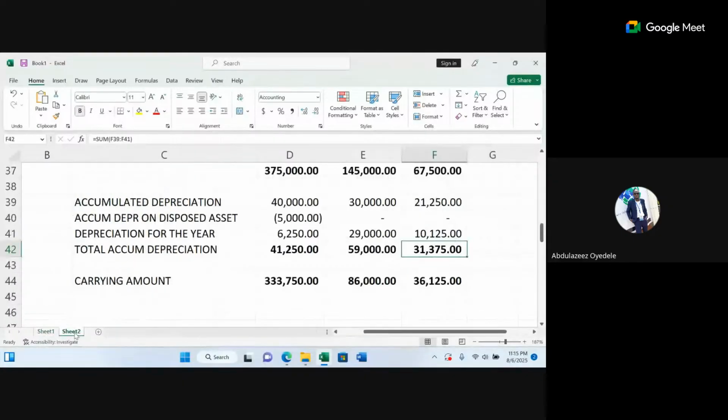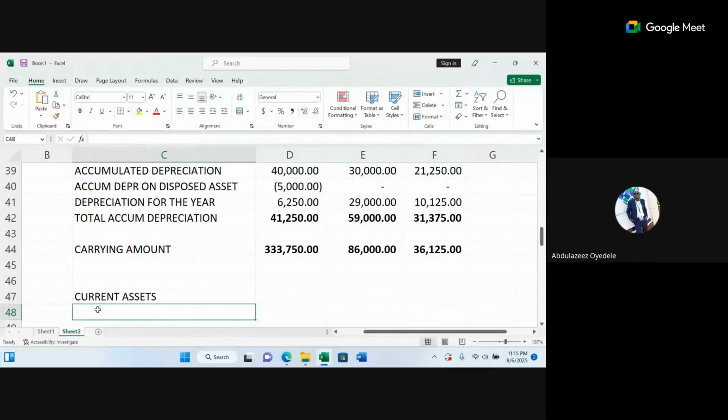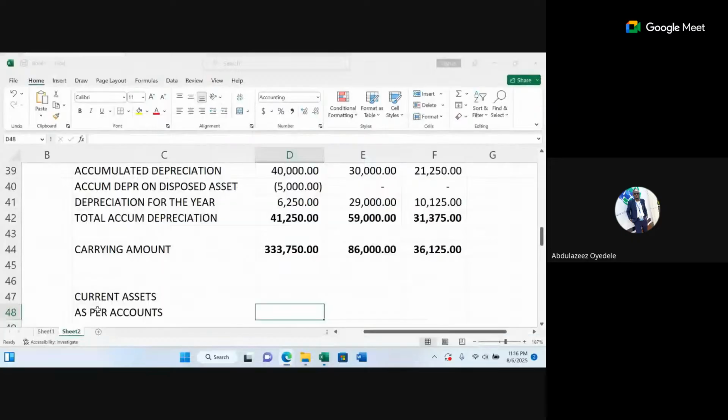Okay, so let's go to our workings page again. Current assets. As per account, we are given a current asset of 38,750,000,000.